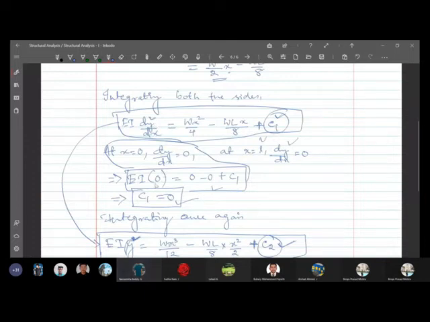Yes, sir. Here if I put the first boundary condition itself, we get the value of C1. Why put the value again? No need, if we are getting it from the first equation. Why go for the second one?